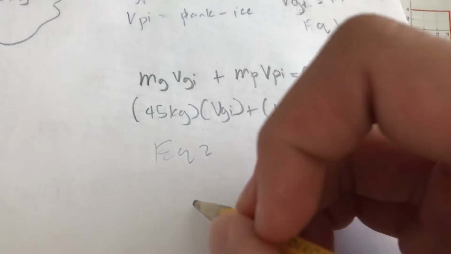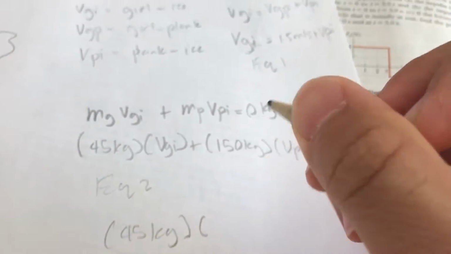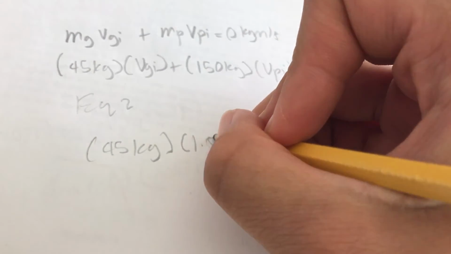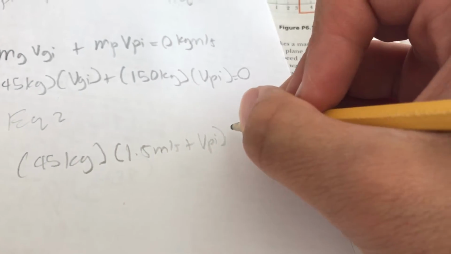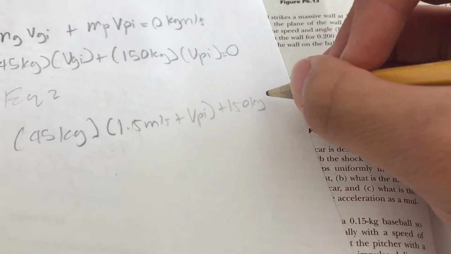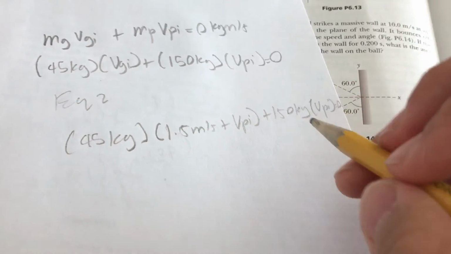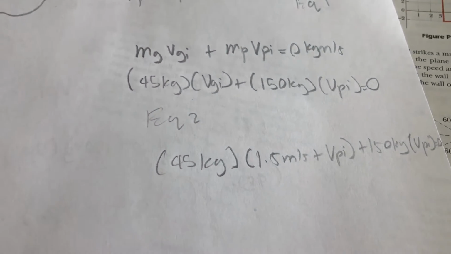So we can rewrite this as 45 kilograms times (1.5 meters per second plus V_PI) plus 150 kilograms times V_PI equals 0. So look at that, we only have one unknown variable, and then we can start combining them.